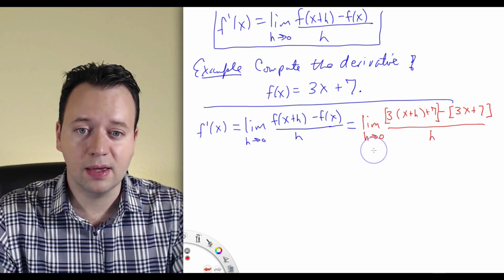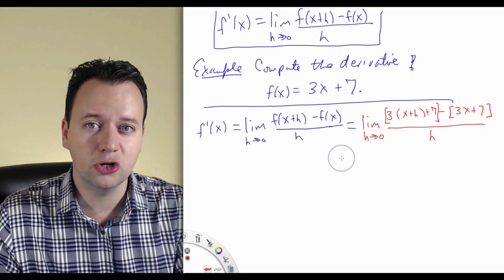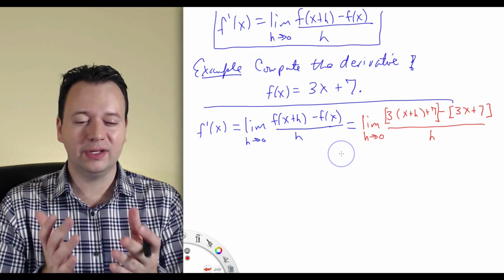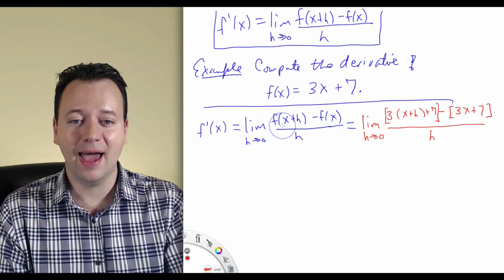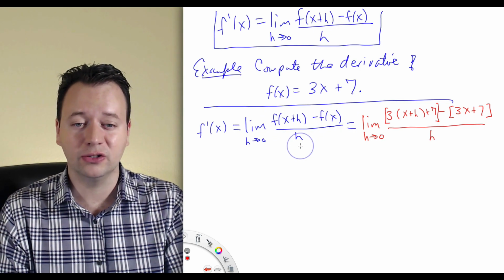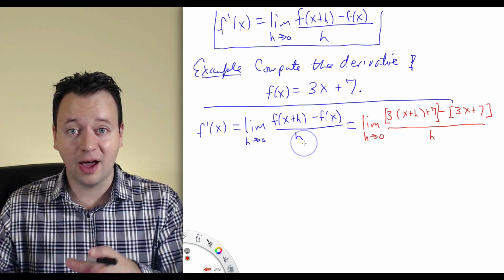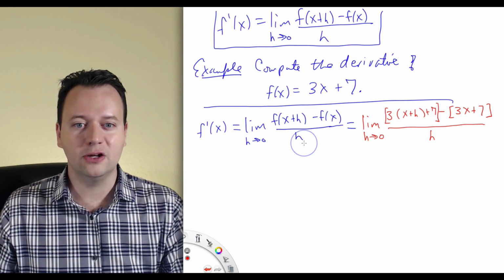Another thing to note is that whenever you're computing these derivatives using the limit definition, you always do the limit last. The first step is to take that difference quotient, this delta y over delta x, f of x plus h minus f of x over h, plug the function into there, simplify things, and then once you have it simplified, you take the limit as h goes to 0.